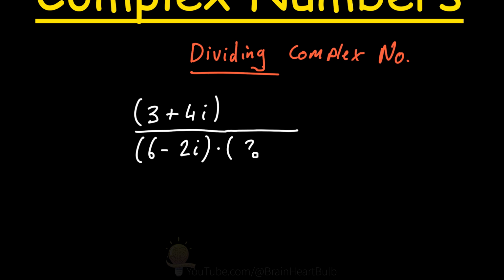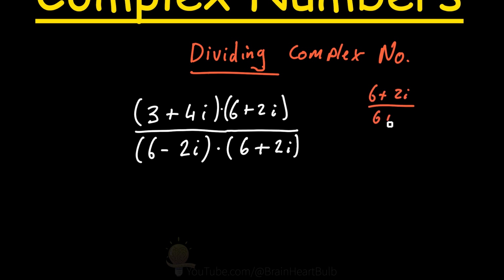Well, the only thing we need to do is change the sign of the imaginary part, giving us 6 plus 2i. But if we're multiplying the denominator of a fraction by something, we also need to multiply the numerator by that same thing to ensure that we don't change the value of the original fraction. So essentially, we're multiplying the original fraction by a value of 1.